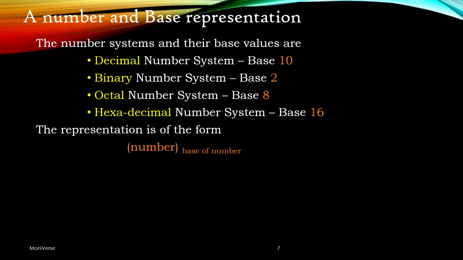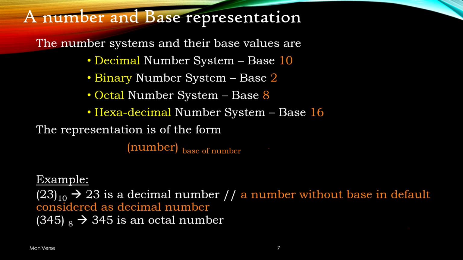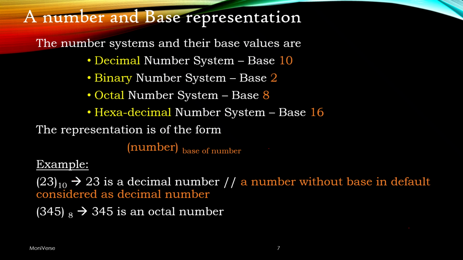So now we can see how we represent the number. The number should have its base representation. So here are two examples. A decimal 23 can be represented as 23 to the base 10, and an octal 345 can be represented as 345 to the base 8.